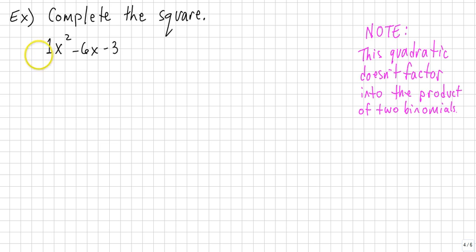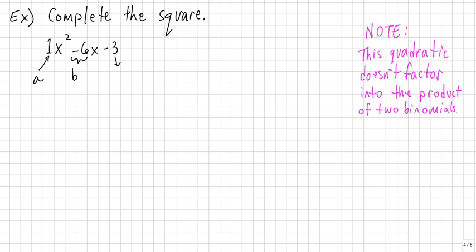So that's our a. The positive 1 right here, that's our a. The negative 6, that's b. And the negative 3, that's our c. So a is positive 1, negative 6 is b, and negative 3 is c.